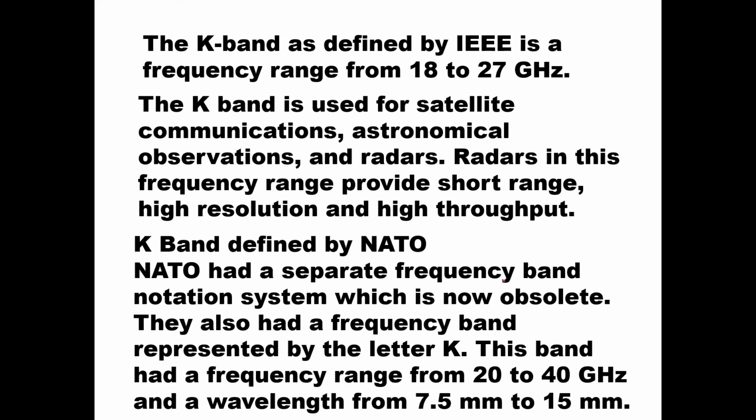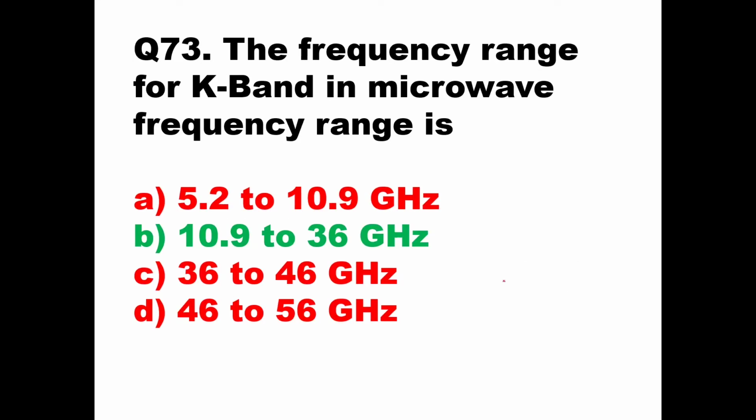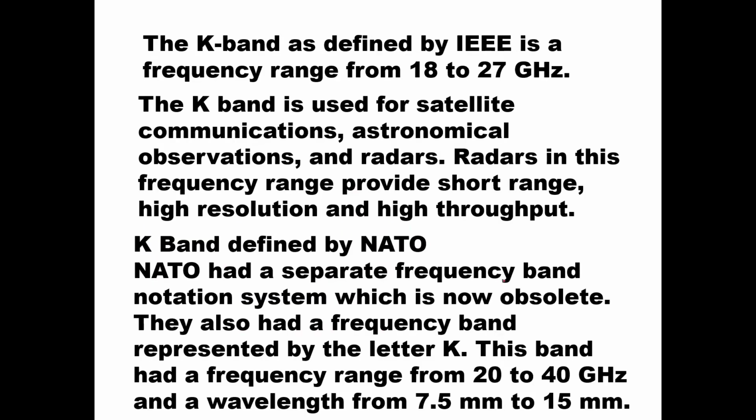So you see the original range from 18 to 27 gigahertz, and the range defined by NATO for K band, 20 to 40 gigahertz. Then we have to approximate one answer from the four options given, and that answer will be 10.9 to 36 gigahertz. So option B, we are approximating for K band, because K band is basically from 18 to 27 gigahertz.